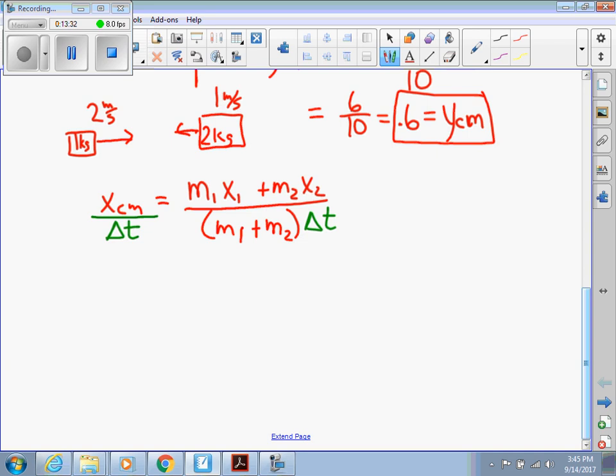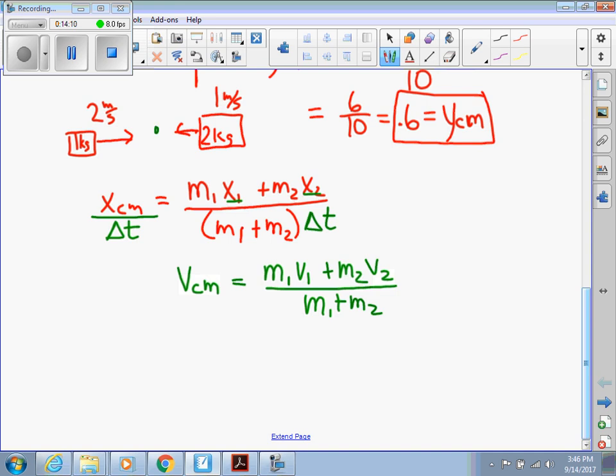And so when we do this, we get the velocity of the center of mass equals m1 v1, if we divide this position by the time, plus m2 times v2 when we divide its position by the time, and all of that over m1 plus m2. And so this would be how we would find the center of mass of the system.